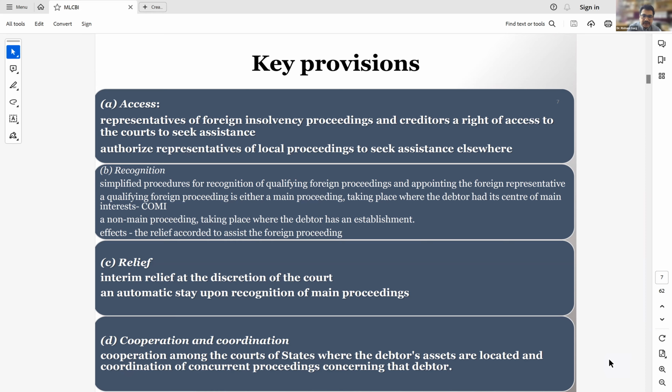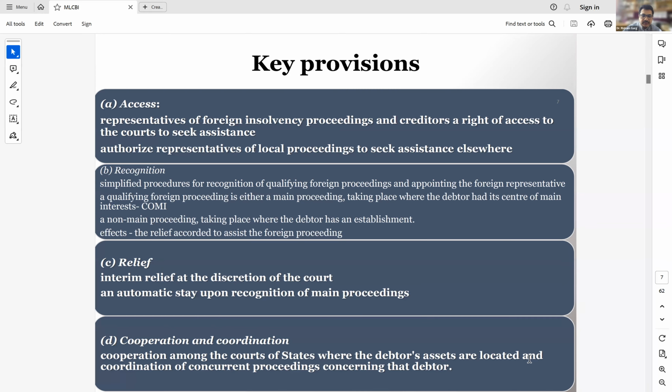A qualifying foreign proceeding is defined either as a main proceeding, which takes place where the debtor has its center of main interest, or the COMI, or it can be a non-main proceeding, which is at the place of the establishment of the debtor, and effects are the relief accorded to assist the foreign proceedings. So we'll take up in detail what are these two types of proceedings, the main proceeding and the non-main proceeding, and then the relevance of the center of main interest, COMI, and establishment.